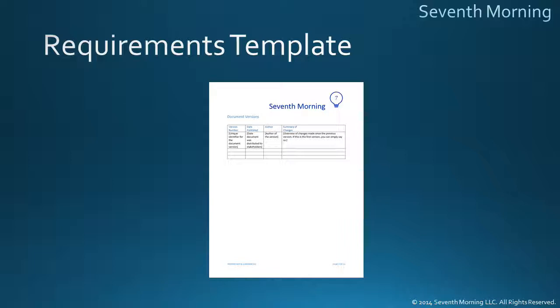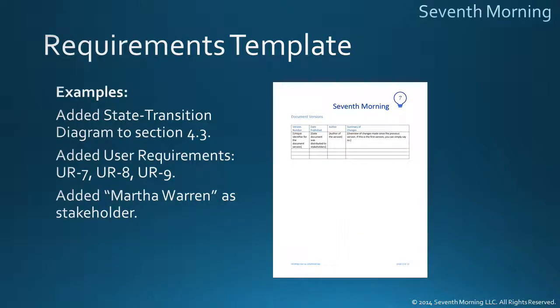I found it most helpful when the business analyst summarizes the change in somewhere between 5 and 10 bullet points. And they can be simple things like what I'm putting on the screen now. Added state transition diagram, added user requirements 7, 8, and 9, added Martha Warren as stakeholder, that kind of thing. Nothing too crazy, it's just a quick summary of changes. It really helps your stakeholders to know what has changed in just a glance, and it's also sometimes helpful to you also if you want to know when a certain change was made.